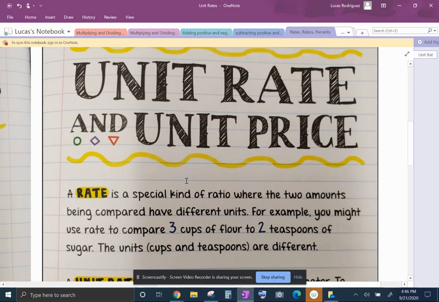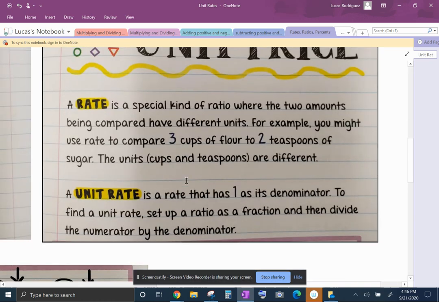Remember, a rate was where we compare 2 different units. The 2 amounts being compared have 2 different units. When we went over cups and flour, that's a rate. Notice that none of these were at 1.